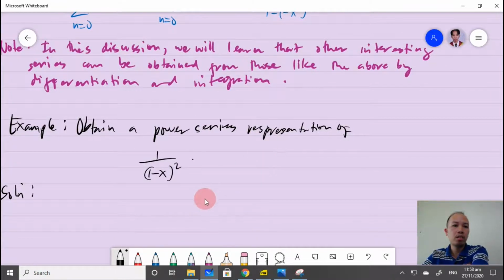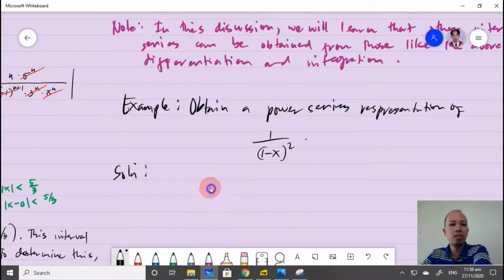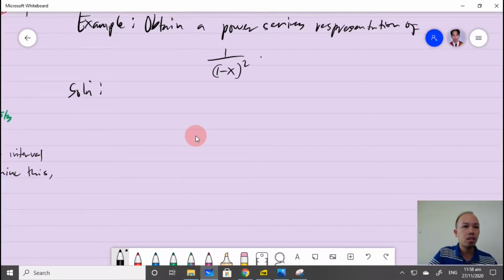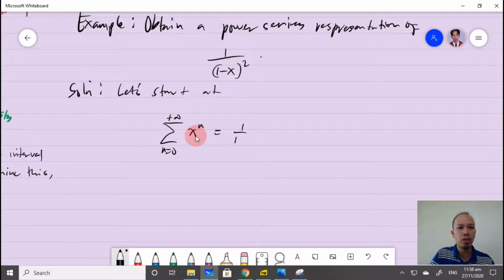Okay, so let's start at this series. Summation of x to the n, where n starts from 0 to positive infinity, is equal to 1 over 1 minus x, of course if x is less than 1. So we will have to get the derivative.